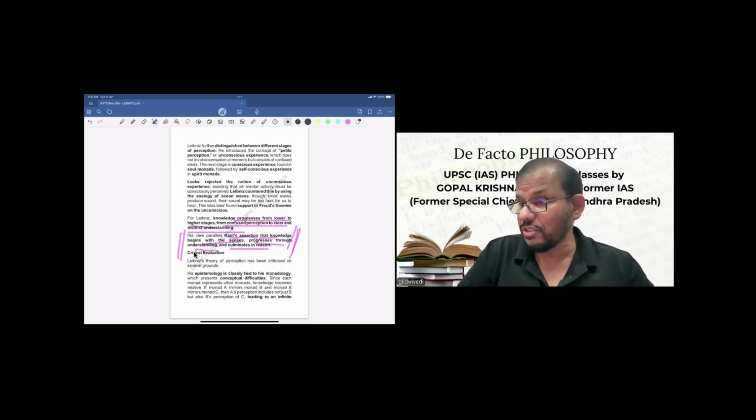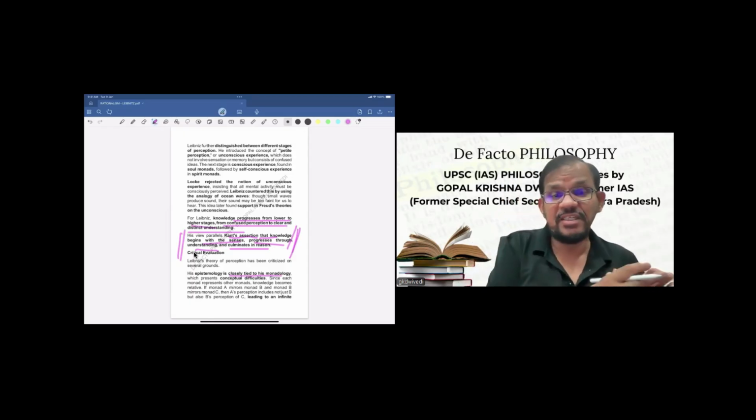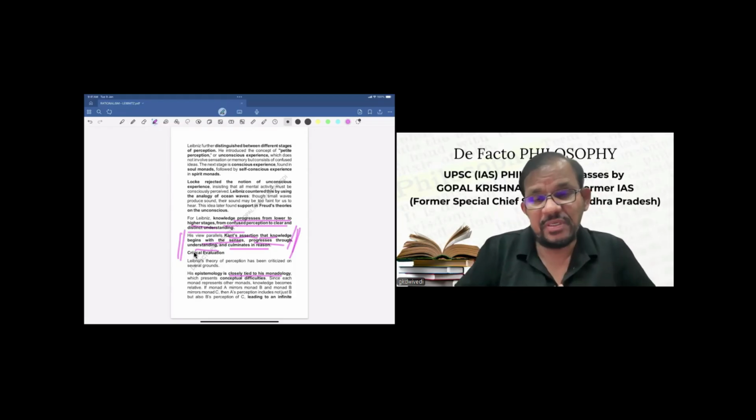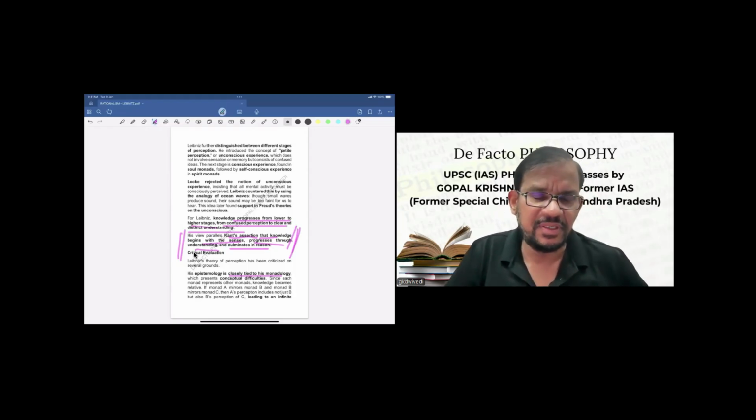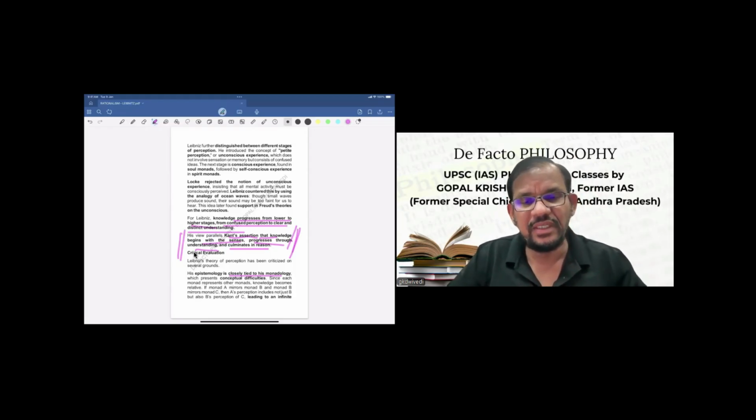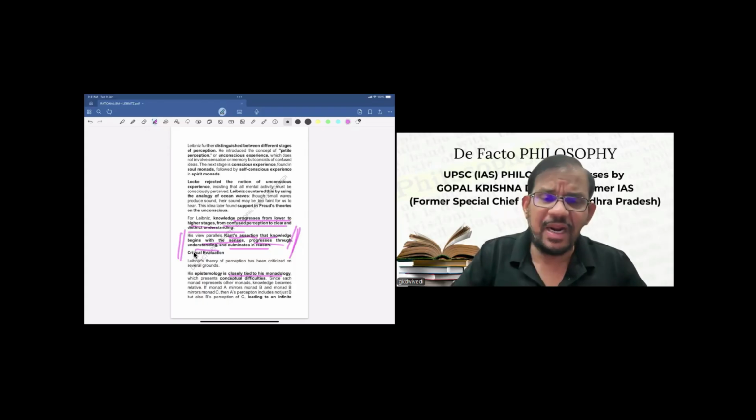His epistemology is closely tied to his monadology. Monadology is basically his metaphysics. This happens for all philosophers: their epistemology is closely tied with their metaphysics. So whatever problems there are in monadology definitely reflect in his epistemology also.